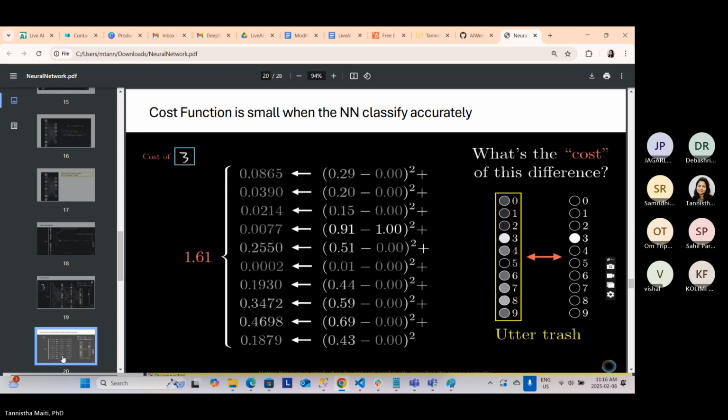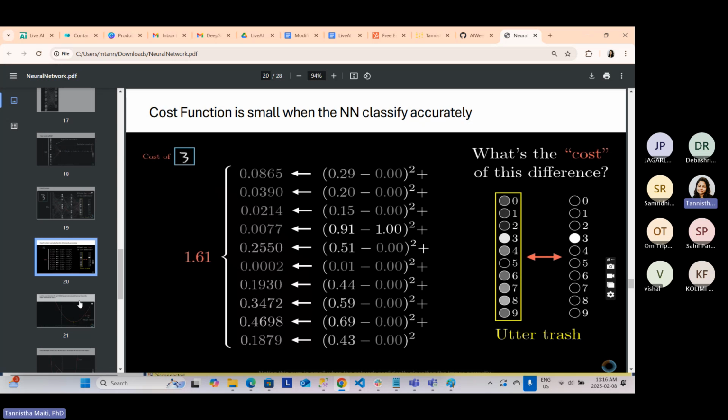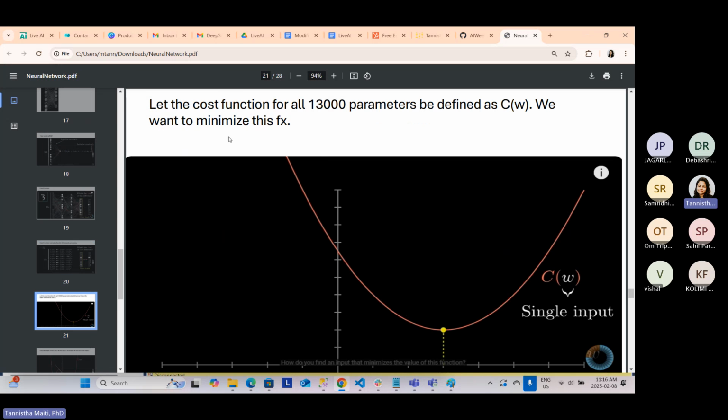Okay. Now, once you get the cost value, what we have to do is minimize the value of this cost function. So cost is basically a function of all the weights, and we need to minimize this function.